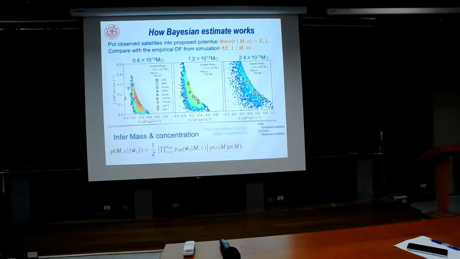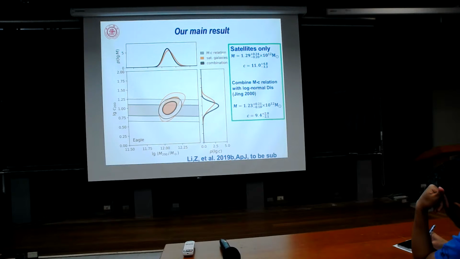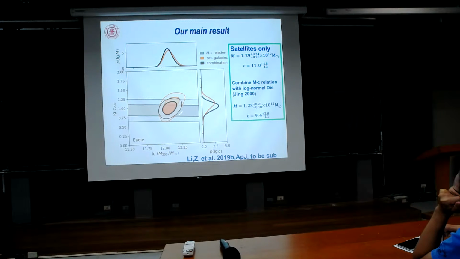Okay, so this is the way we do it, and I think this is almost the final result we have. Again, one is just from satellites. If we use the mass-concentration relation, then we can get a much tighter constraint.